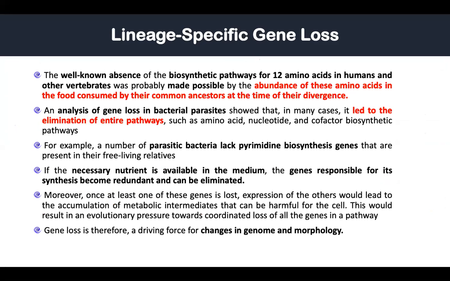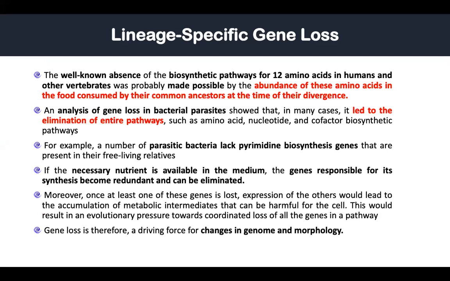One very famous example is the well-known absence of biosynthetic pathways for 12 amino acids in humans. You remember we have essential amino acids and non-essential amino acids. In the beginning, we were able to produce all these amino acids.